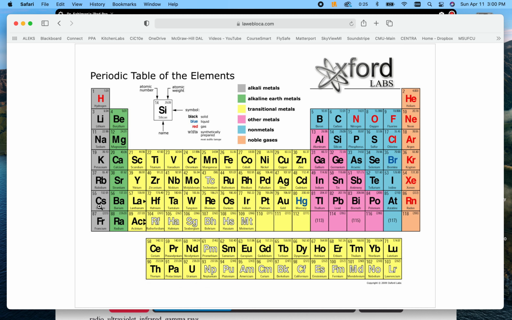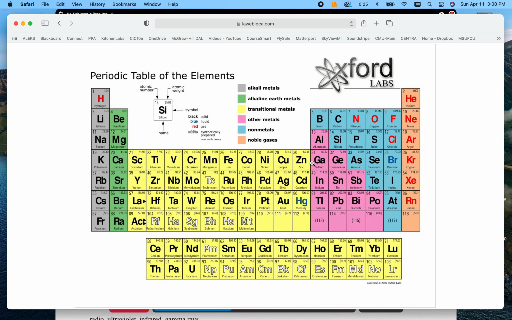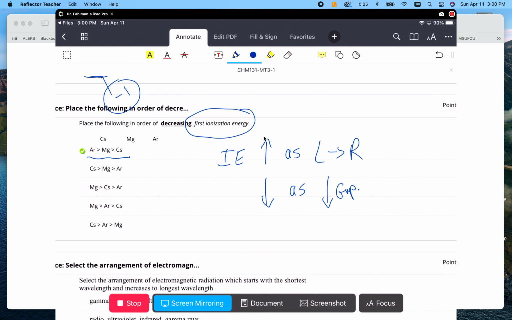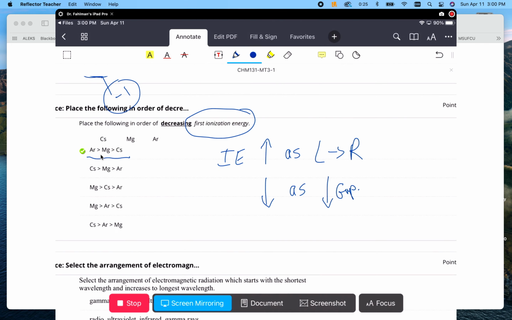And so cesium is going to have the lowest ionization energy. It boils down to these two, argon and magnesium. And again, it increases as you go left to right. So argon has the highest, then magnesium, and then cesium the lowest.